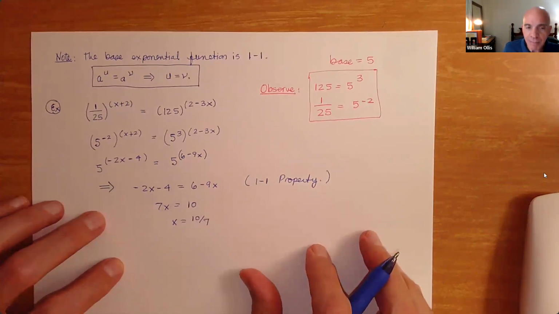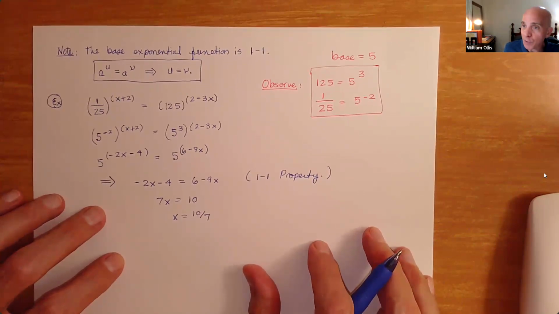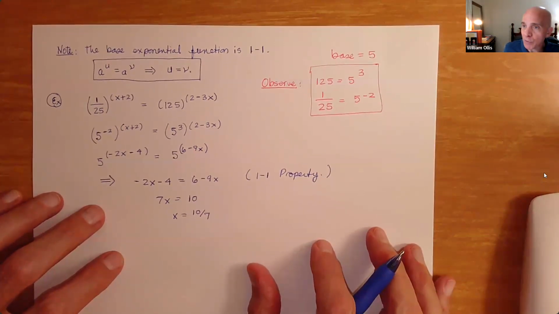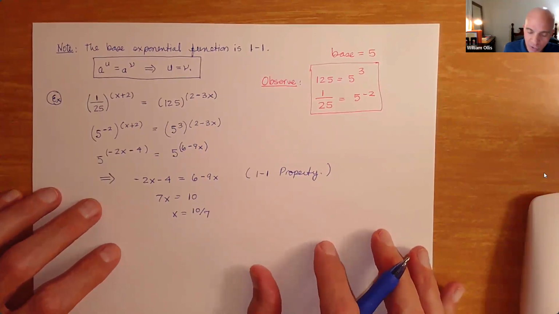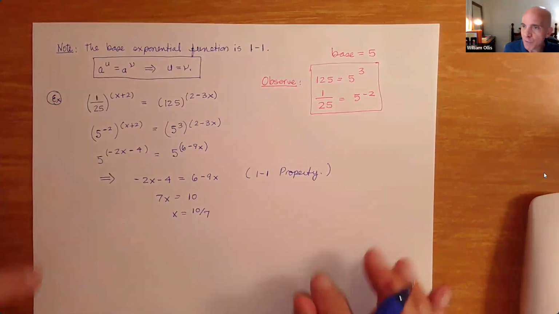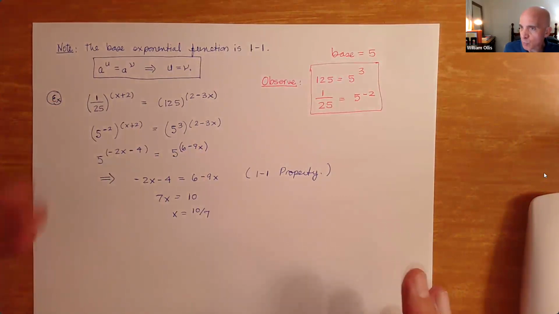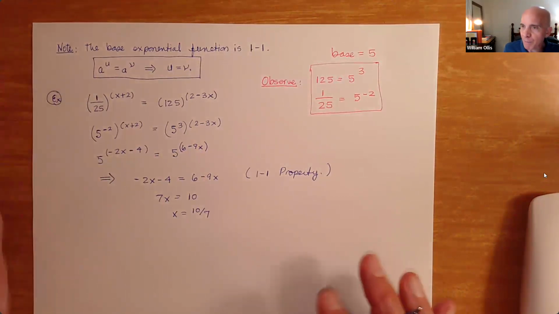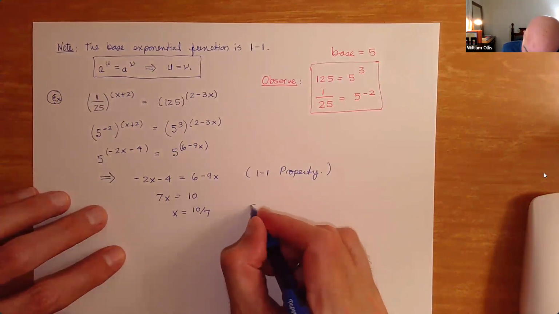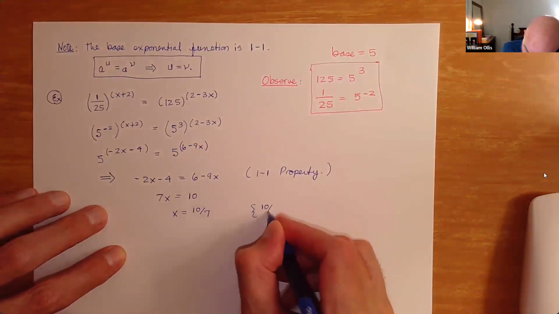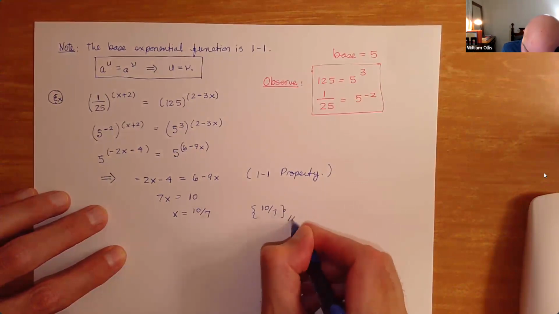Now, the base a exponentials are very forgiving. We don't have the restrictions that we'll have for the base a logarithm, because the domain of these functions is all real numbers unless we restrict it or we have powers that restrict it. So now we can see that our solution set is simply 10/7.